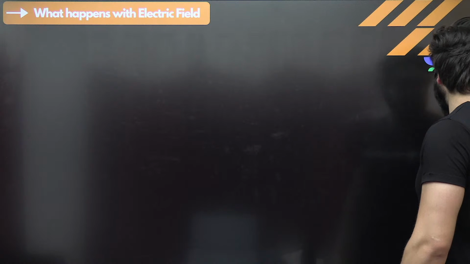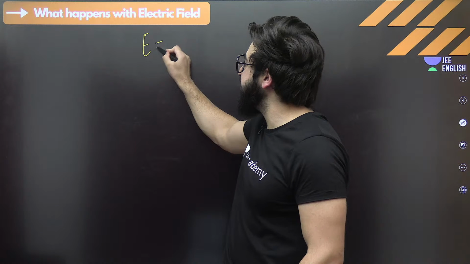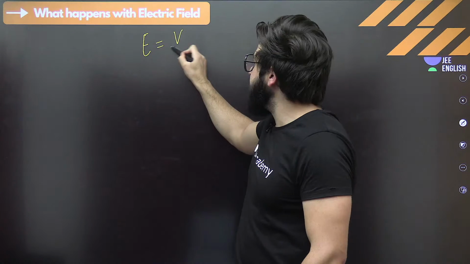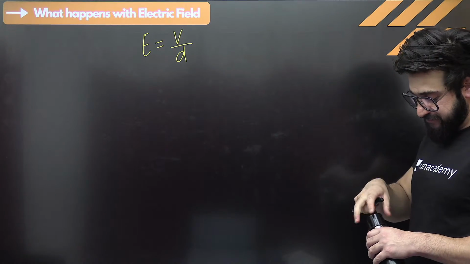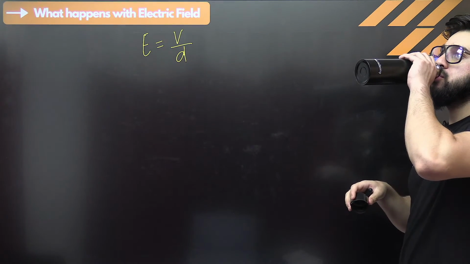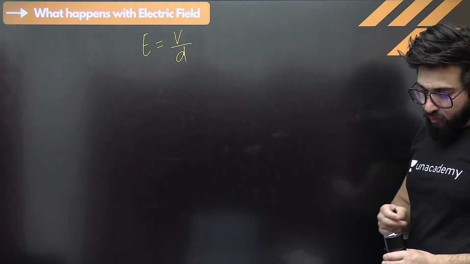Let's talk about the electric field now. What happens with the electric field? Come on. Will the electric field change or will the electric field remain same? Over here in this case, electric field is nothing but V by D. Okay.